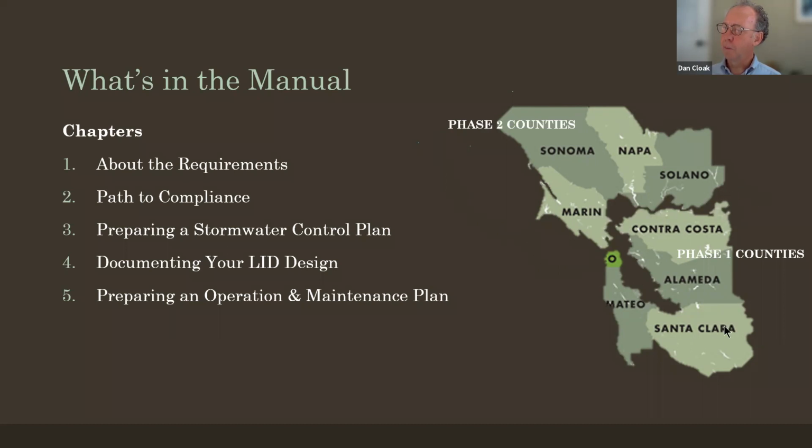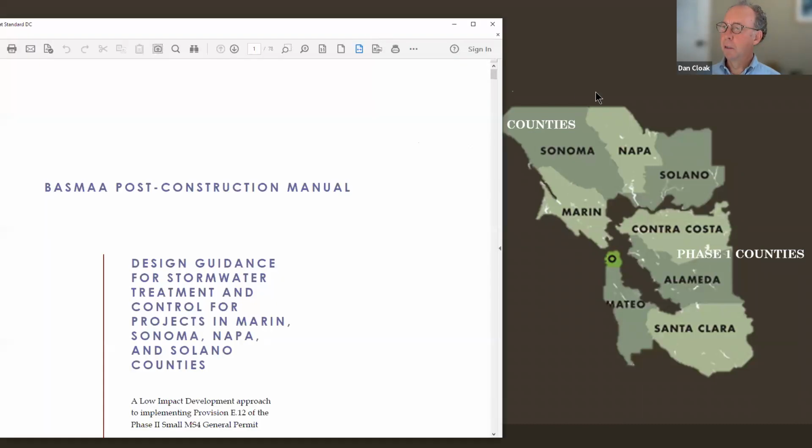We took what was in some of the other manuals, particularly Contra Costa's, that were used in the phase 1 counties, which have more stringent and more detailed requirements. Condensed, simplified, tried to improve the way that it comes across, and developed the current post-construction manual, shown here for the 4 North Bay counties.